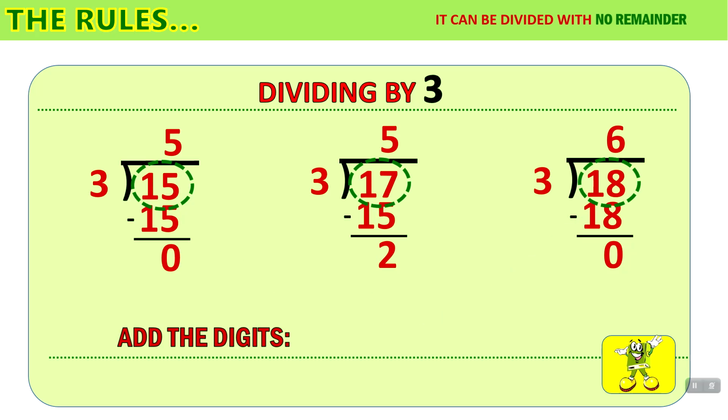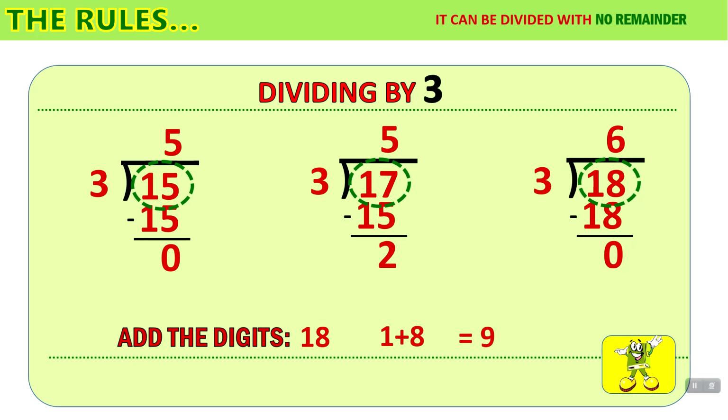So let's try adding the digits in each one of these numbers where we were left with a remainder of 0. If we take the digits in the number 15, 1 plus 5, and we add them together, we get 6. Can 6 be divided by 3? Yes. So therefore 15 is divisible by 3. Let's check 18. Let's take the digits 1 plus 8.